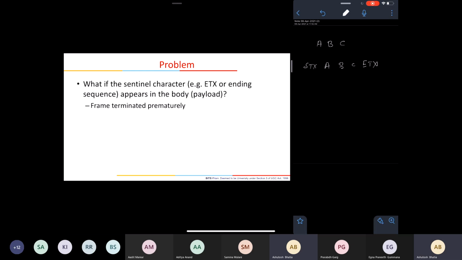But what about when you have a message, let's say, ABETXC, because you can't stop the message from having those special characters also. How will I encode this? Because if I encode it like this, STX AB ETX C ETX, what will happen?